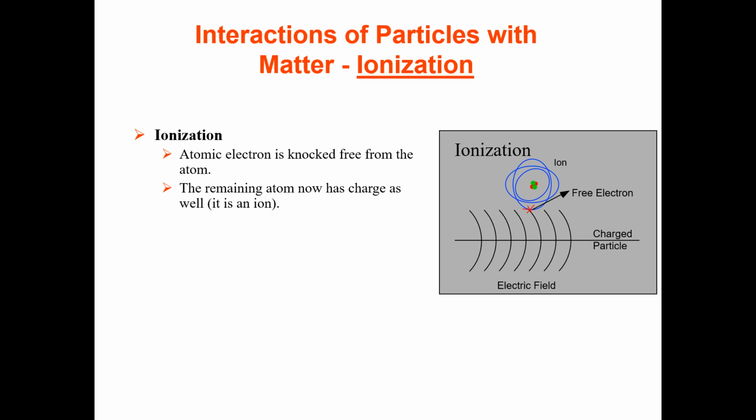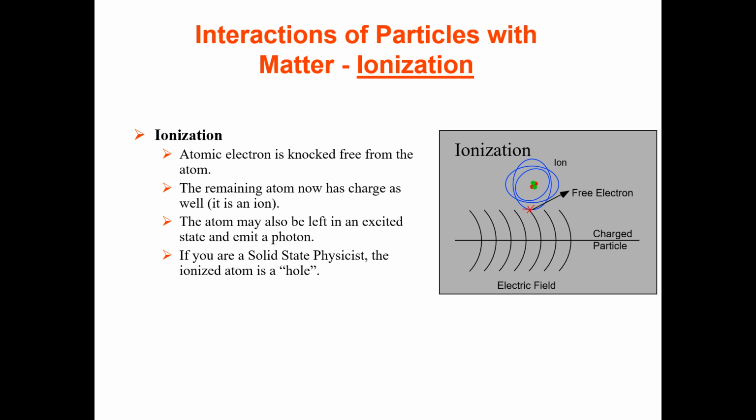When we knock out the electron from this atom, we are left with the ion. The atom may also be left in the excited state and emit photons. So this is also a possibility.